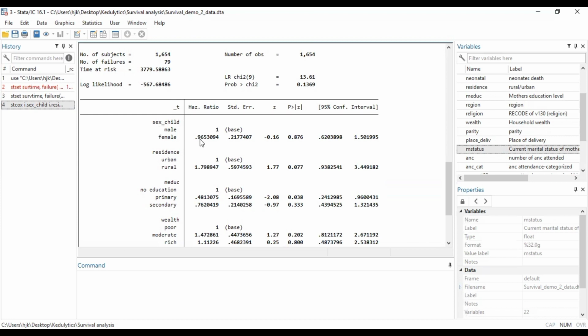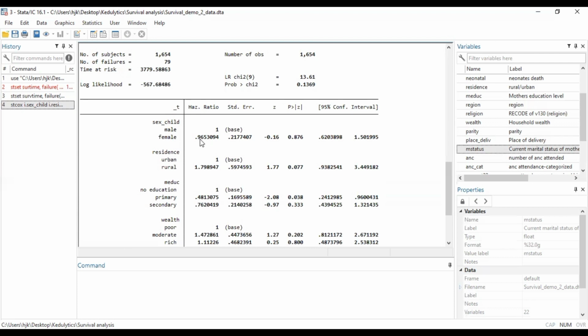Generally, the hazard ratio is measured to compare the hazard rates, or risk of experiencing an event, between two groups. When the hazard ratio, or HR, is 1, it means there is no difference in the hazard rates between the two groups; the risk of experiencing the event of interest, in this case mortality of under 5, is the same over the two groups.